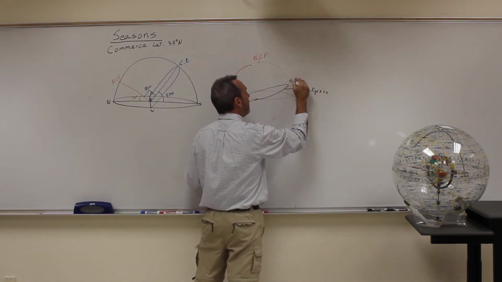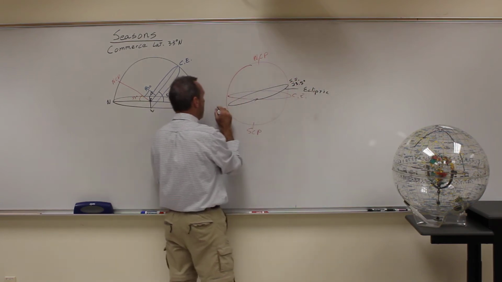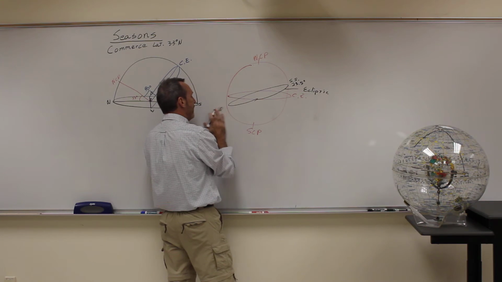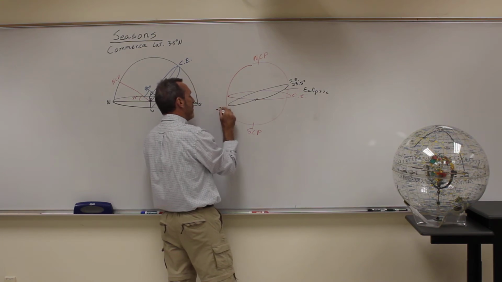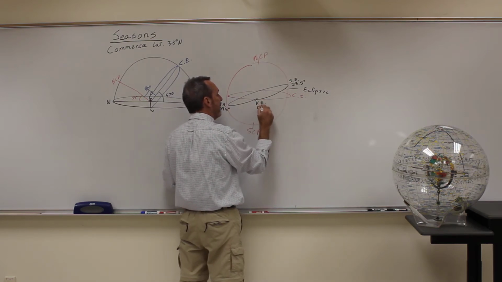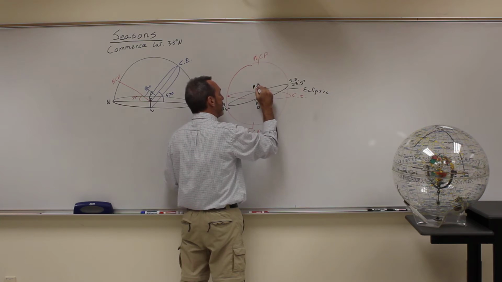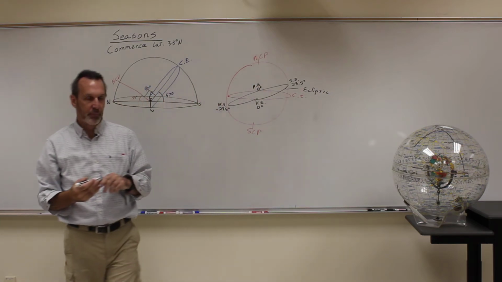Up here is the summer solstice. The declination of the sun is 23.5 degrees. This is negative 23.5 degrees on the winter solstice. The vernal equinox is 0. The autumnal equinox is 0 for the declination of the sun.